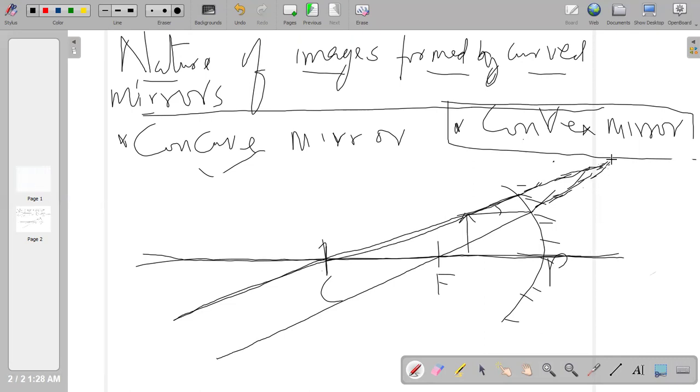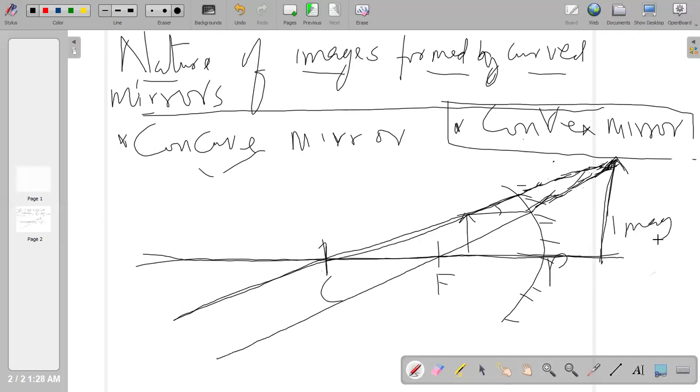Light is not truly passing through this point, so it cannot be captured on a screen. The two lines meet somewhere here. Remember, where the two lines meet forms the head of the image.